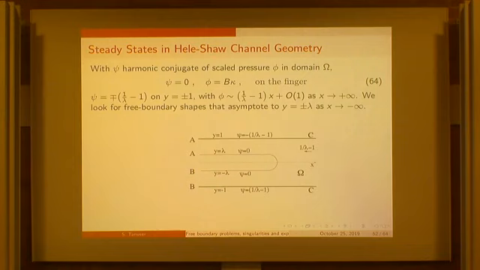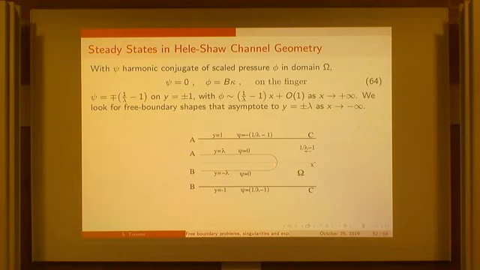I'm in the frame of the moving finger. So therefore, the asymptotic condition used to be u tends to 1 in this direction, but since you have taken out the 1, in this particular way of scaling, we're assuming the velocity is in this direction because you are in the frame of the moving finger.